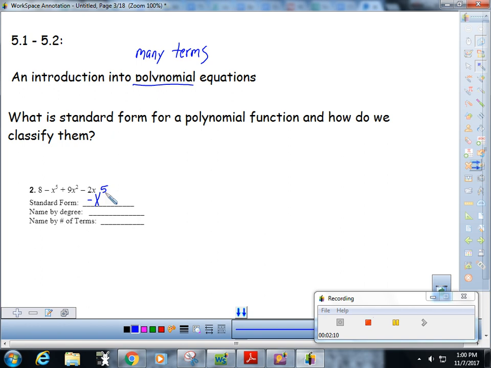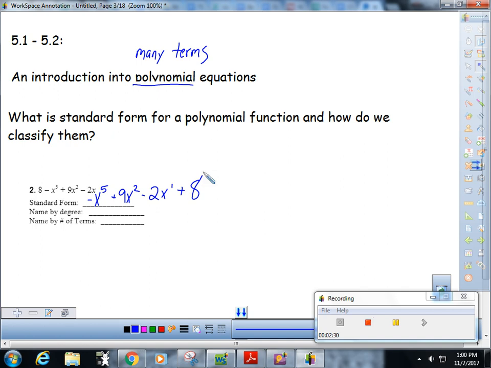So negative x to the 5th is the highest power, plus 9x squared is the second highest power, minus 2x to the 1st. There is a 1 there, you just can't see it. And then plus 8. So that is standard form.